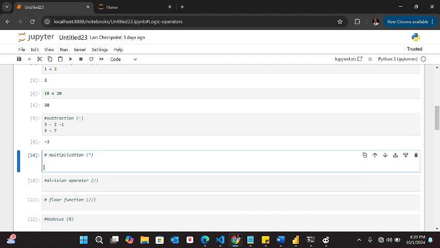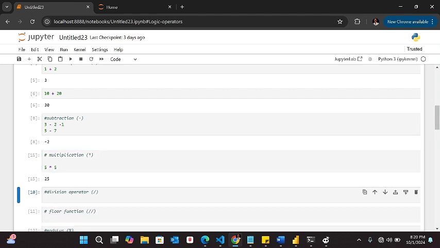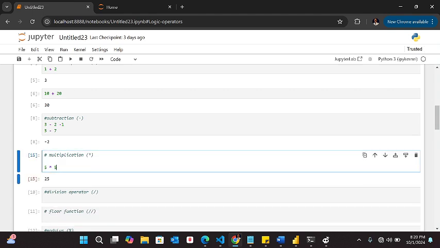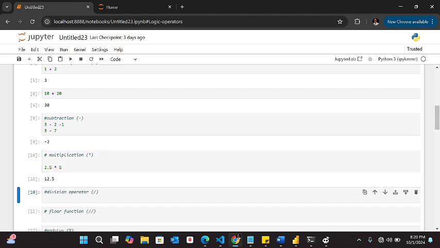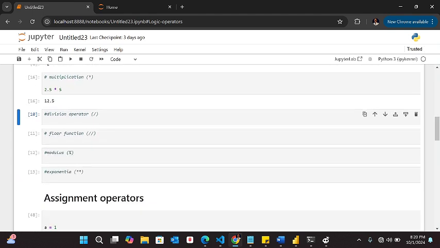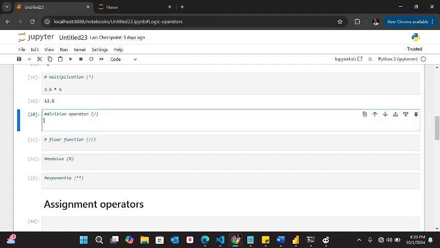So we can say 5 multiplied by 5, we have 25, or we have 2.5 multiplied by 5, then we have 12.5. So the arithmetic operators basically perform operations on every kind of numeric data type, right?